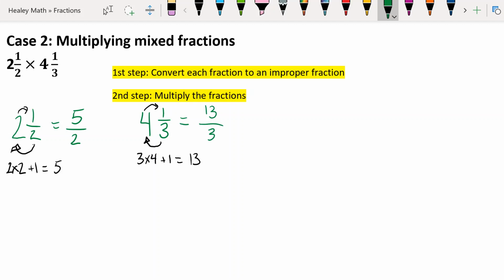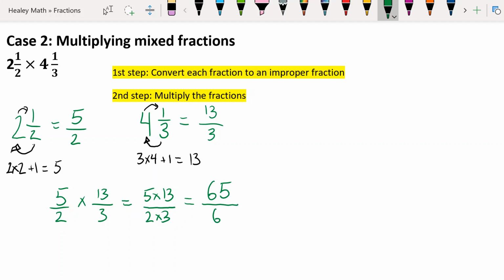Now our second step, we need to multiply the two fractions. So let's rewrite them. We have 5 over 2 times 13 over 3. Five times 13 over 2 times 3. 5 times 13 is 65. 2 times 3 is 6.